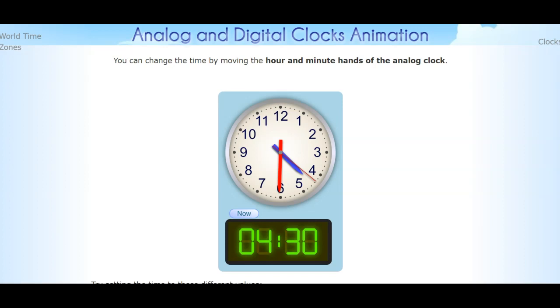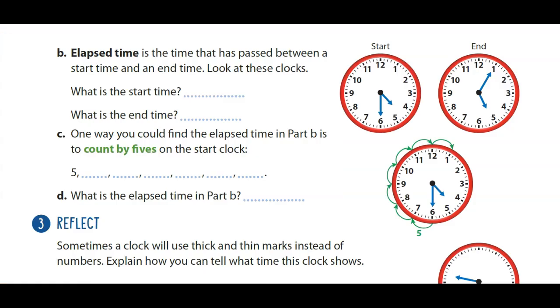So from 4:30 to 4:35, that's 5, right? 10, 15, 20, 25, 30, 35, because she ended at 5:05. That is what my clock looks like right here.